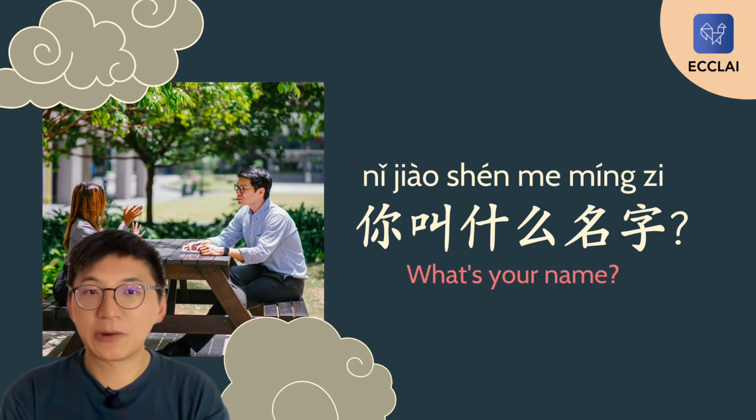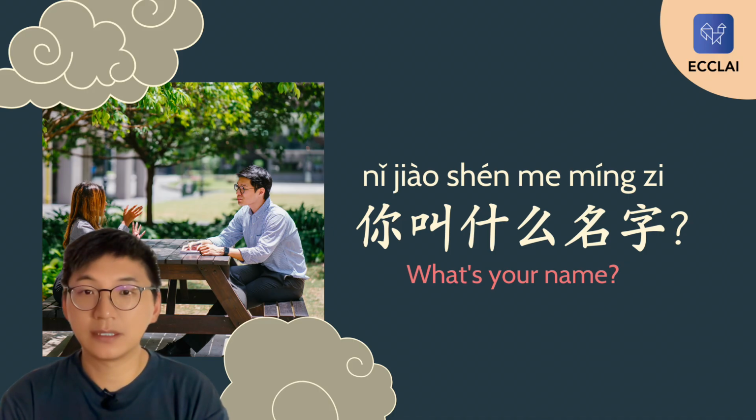The most important part here is that we need to remember the basic structure. First of all, we always have the subject of the sentence, which is something that you talk about. The subject here is you.